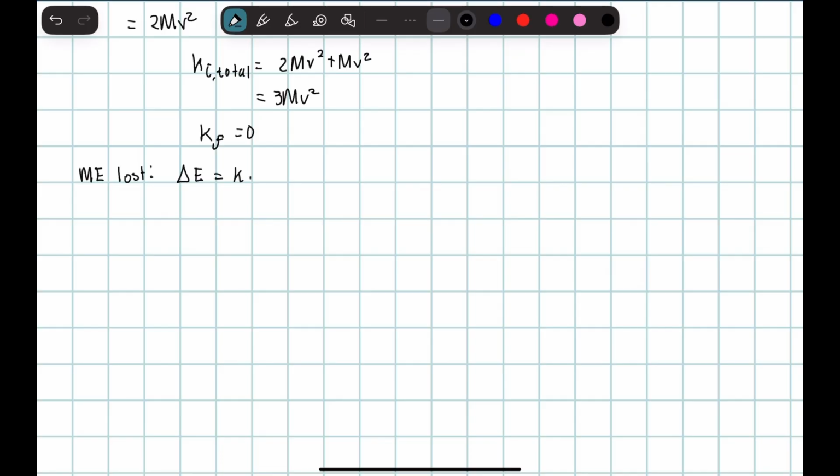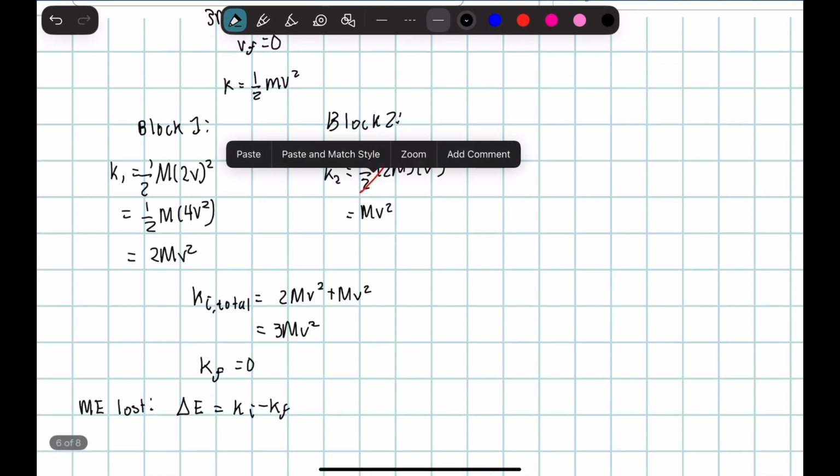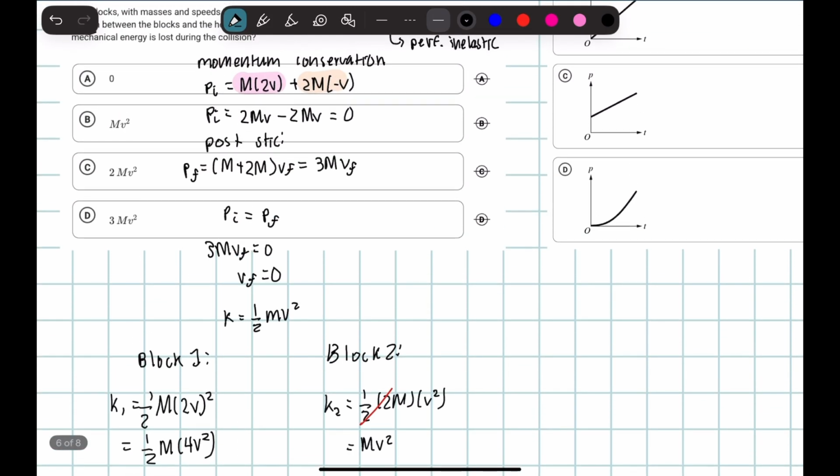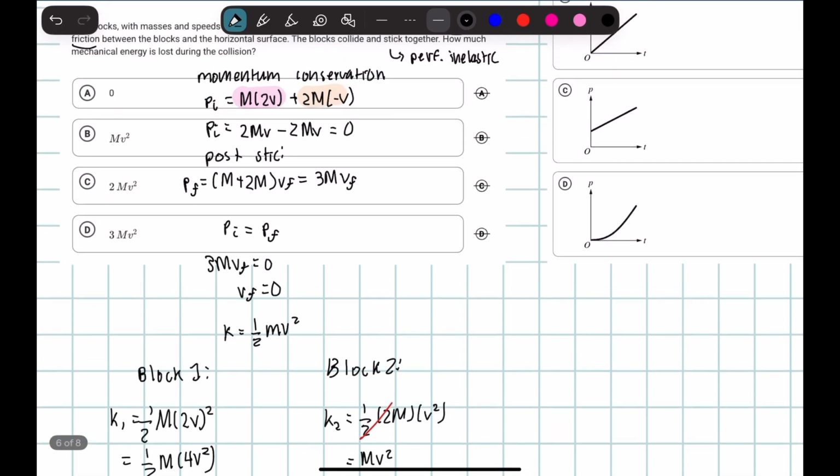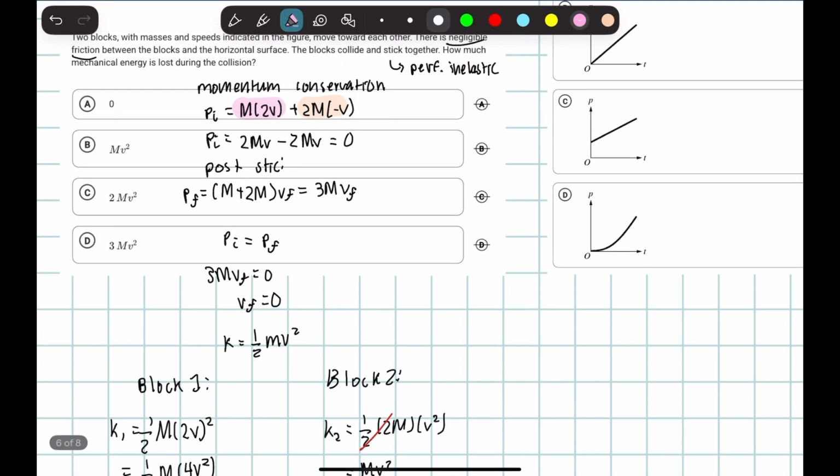That's K initial minus Kf. K initial we know was 3mv squared, and Kf is 0, so we have 3mv squared. That's going to be option D.